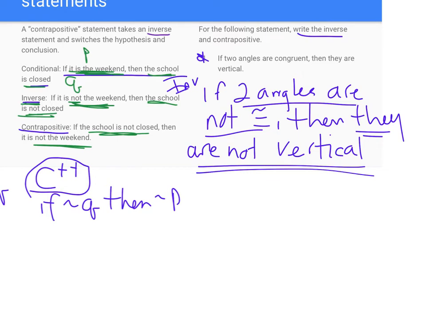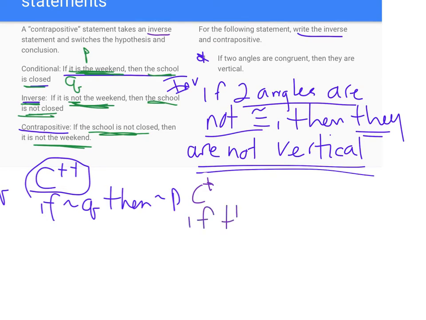So the contrapositive, which is that symbol, C.P., sometimes it's just C.P. So if you write just C.P., I wouldn't count it wrong. So contrapositive, just to shorten it up, because mathematicians don't like to write a whole lot. So I would just flip this around.